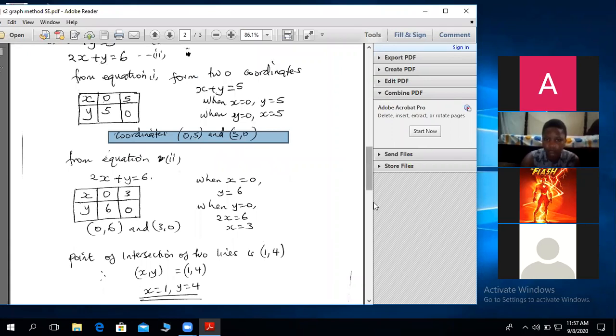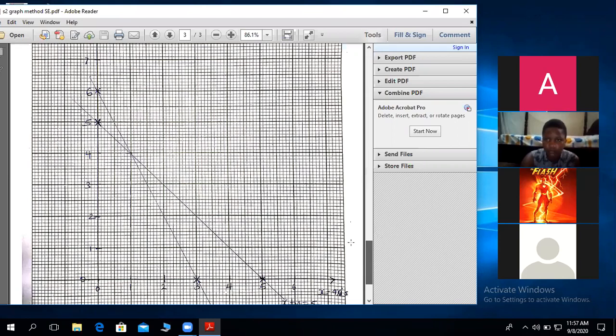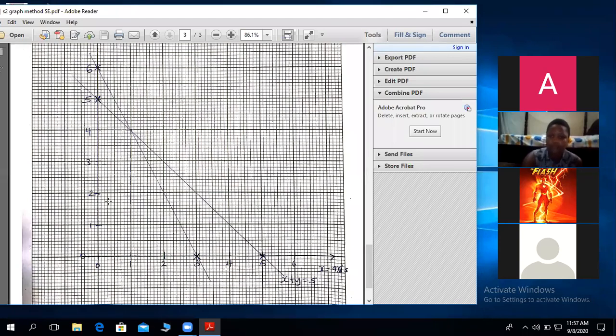So I plot my coordinate. My coordinates 0, 5 is this one and 5, 0 is this one. Now I join them together using a ruler. I form a straight line and I label my line as x plus y equal to 5.